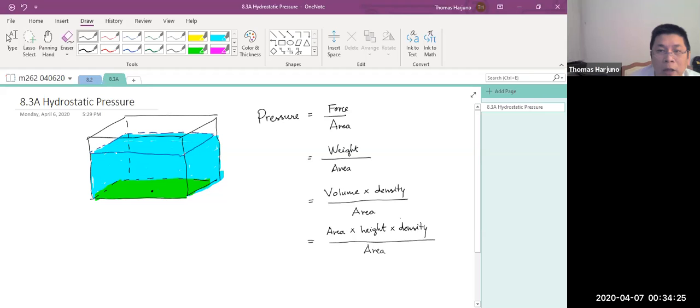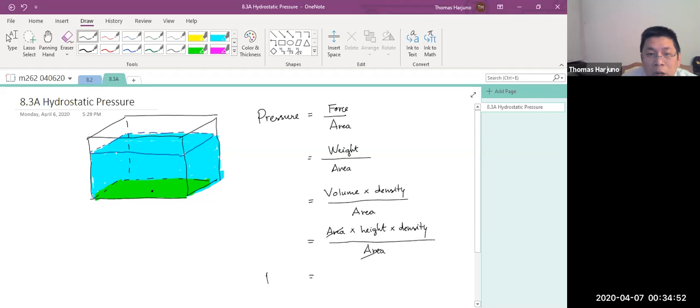Actually, I think I'm missing something. I'm missing the gravity. Oh, I'm good. This density is actually rho. It's actually rho g. Okay, so then when I divide, I cancel.